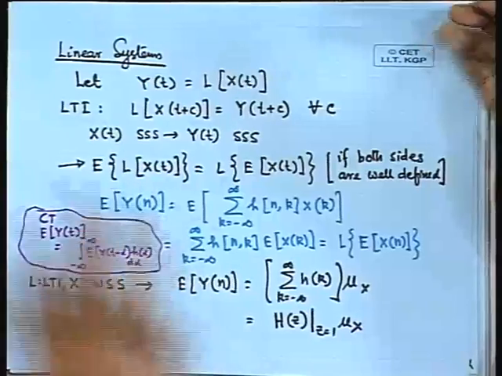You don't have to count how many y's you got in that range and all that. If you know the properties of x, just by feeding it to a linear operator directly, you can get the expectation of y. That is a very significant result. This is why linear is so beautiful and convenient, and we spend so much time on linear, because if we did not have these simplicities, it's very difficult to move ahead.